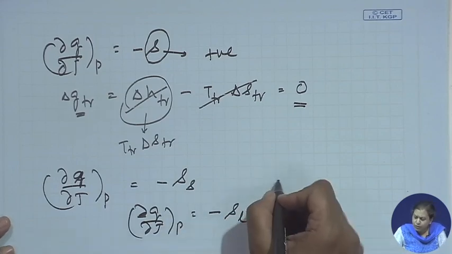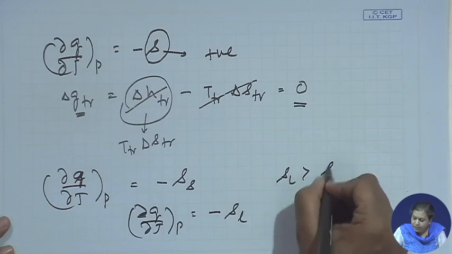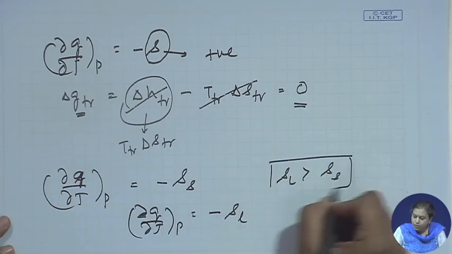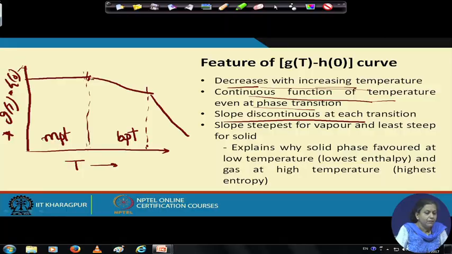We very well know that entropy of the liquid is greater than entropy of the solid. So this explains why, even if Gibbs free energy is a continuous function of temperature even at phase transition, the slope becomes discontinuous at each transition, the slope corresponding to the changes in the entropy before and after the transition.